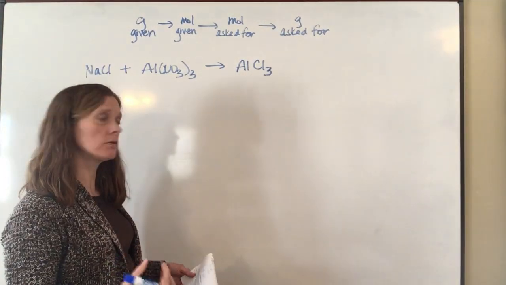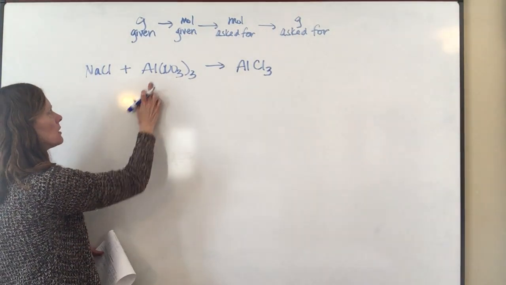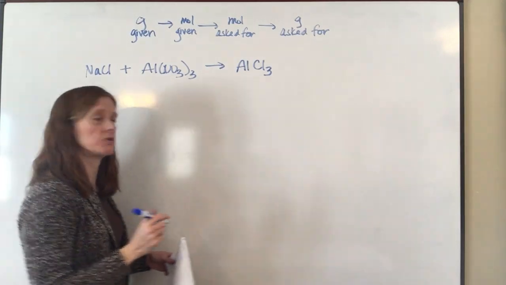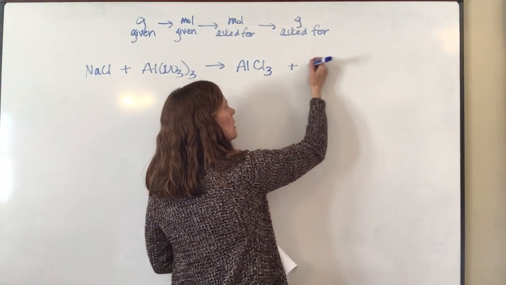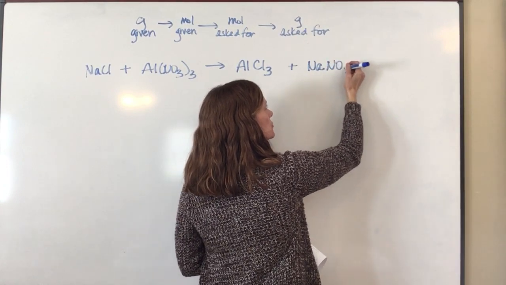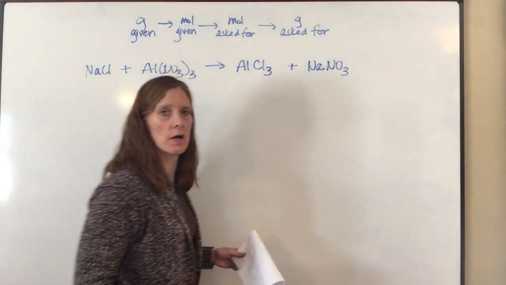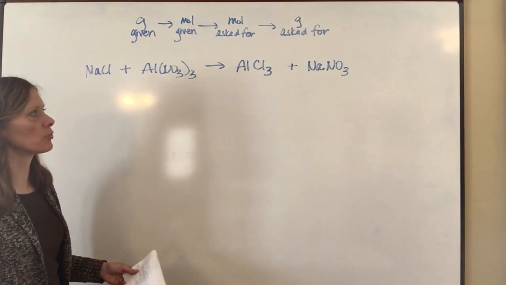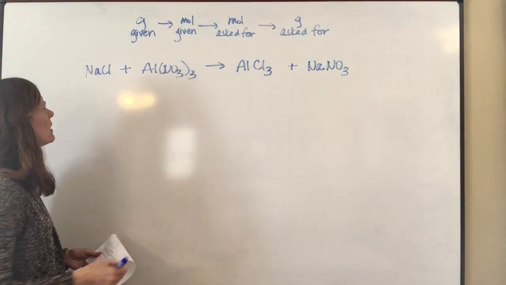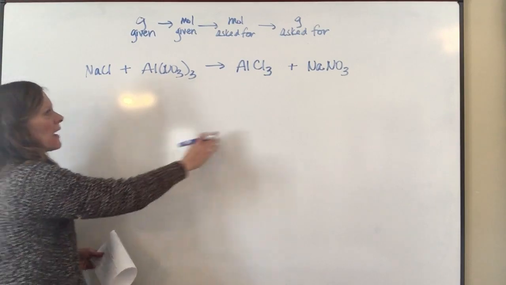So if we use what we learned in the last lesson, the aluminum and the chlorine went together to form a compound, so my sodium and my nitrate are going to go together to form a compound also. So I'm going to have the sodium, which is a +1, and the nitrate, which is a -1, so those are balanced just if I write the formula like that. Now I need to balance the equation. My sodiums are balanced right now.